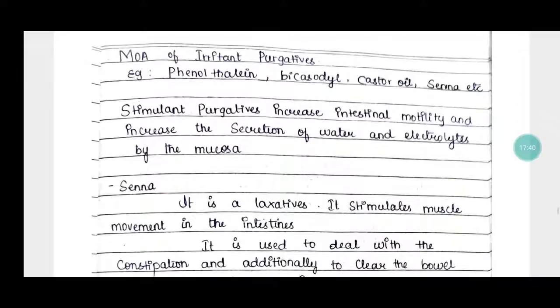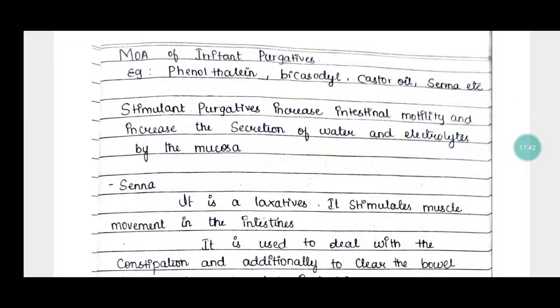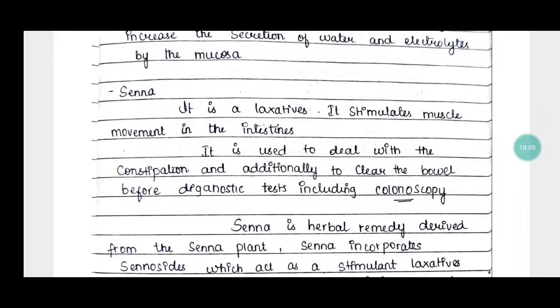So the mechanism of action for irritant purgatives: examples of irritant purgatives are phenolphthalein, bisacodyl, castor oil and senna, etc. The stimulant or irritant purgatives increase intestinal motility and increase the secretion of water and electrolytes by the mucosa, where senna is a laxative.